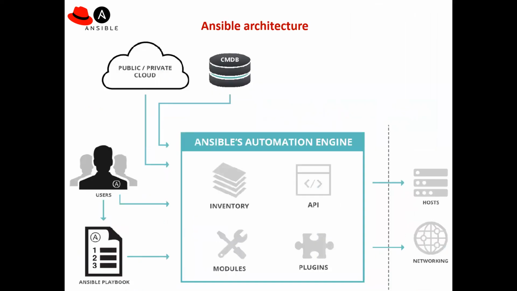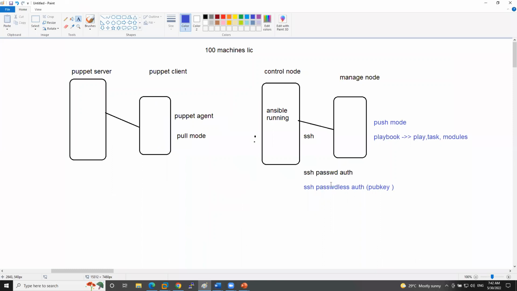Then we talk about architecture here, or we can say terminology also. This picture gives you a lot of information. First of all, when we talk about Ansible, we talk about the control node and managed node.